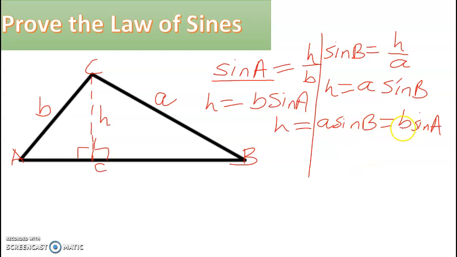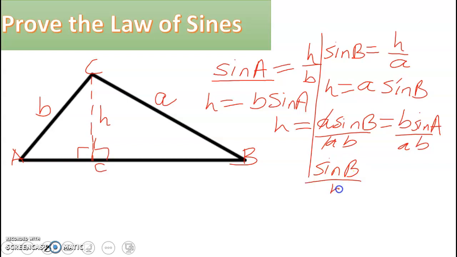But to write it in ratio form, divide both sides by ab. If we divide both sides by ab, it will cross out, and we just have sine B over side b equals, and then b we cross out here, we have sine A over a. And that's the law of sines. We did it because we drew the height from C to side c.